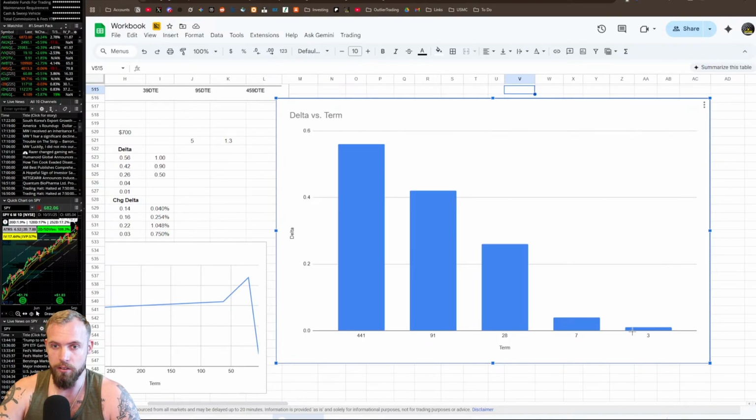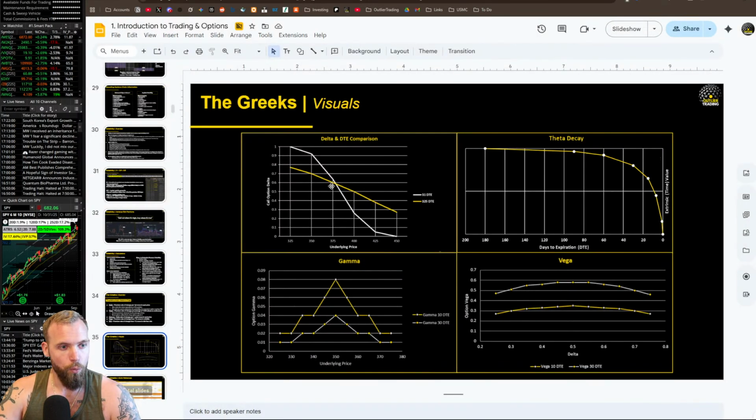Probably moderate. What's the probability of it doing that in the next 3 days? Much lower. It has way less time to make that move. And this goes back to this function, which is all in the money options are approximating to a delta of 1 being in the money. All out of the money options are approximating to a delta of 0 out of the money.